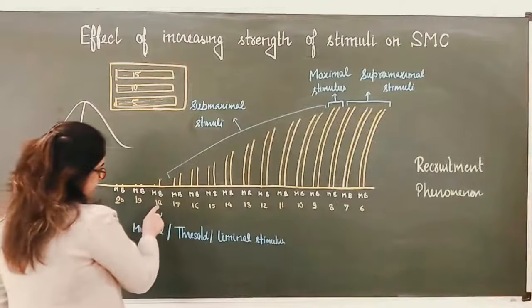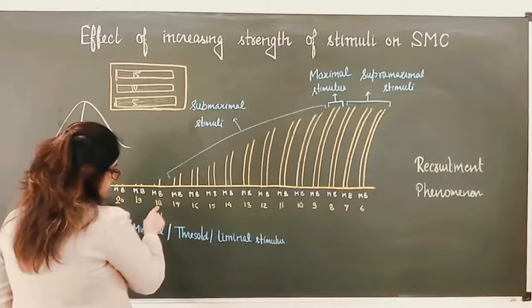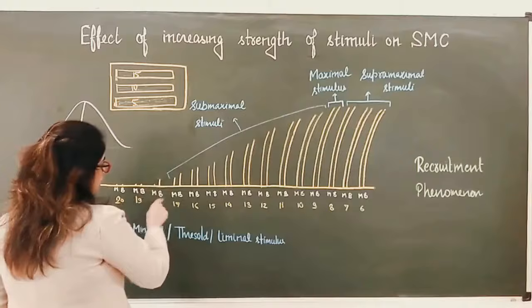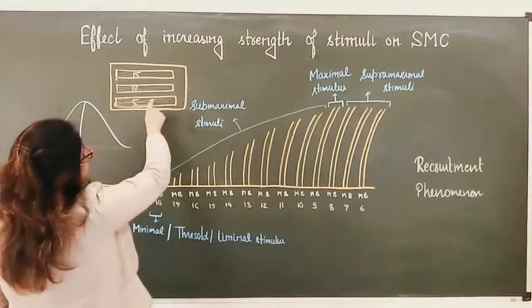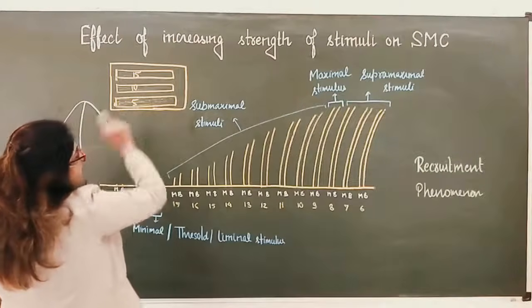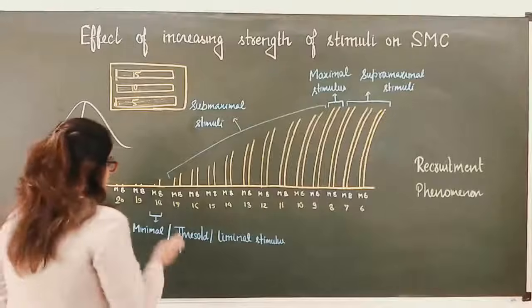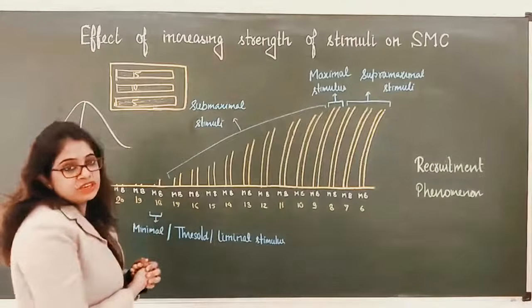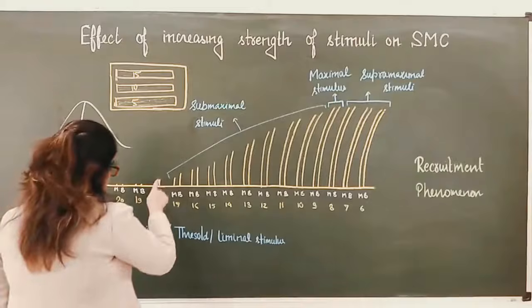At this point, at the 18 centimeter distance between two coils, there was some response, which is called the threshold stimulus. So here we can understand that for this muscle it was 5 millivolts. So at the point when at least one motor unit comes into the picture, that is the threshold stimulus.